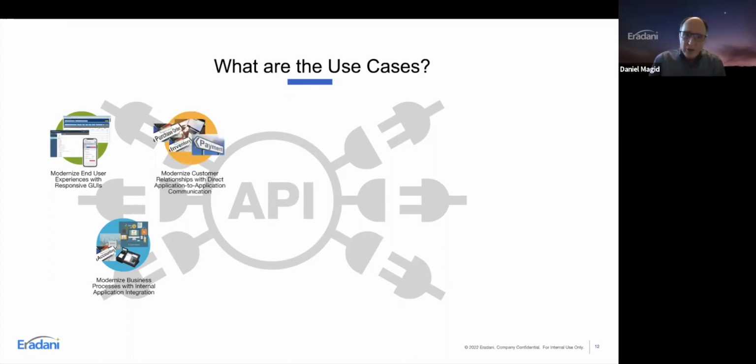And then other customers have started to extend that beyond their own internal networks and extend their API support to their customers and business partners. So they want to be able to process things directly machine to machine, rather than having a process where a person has to get involved.